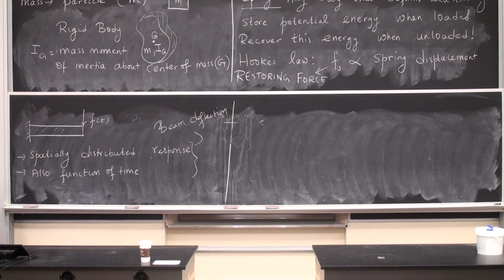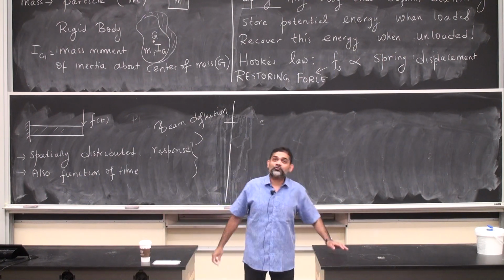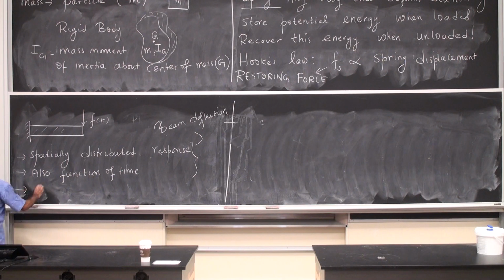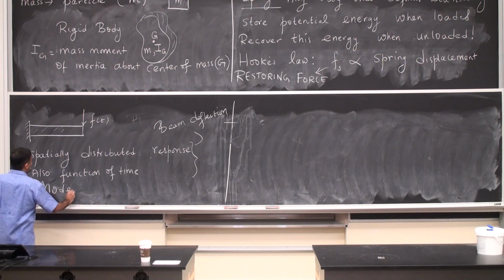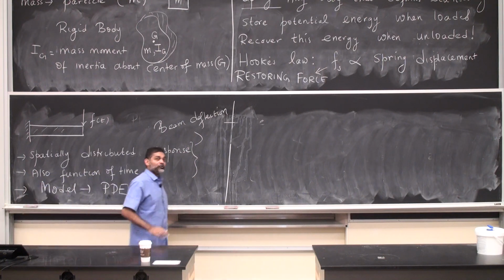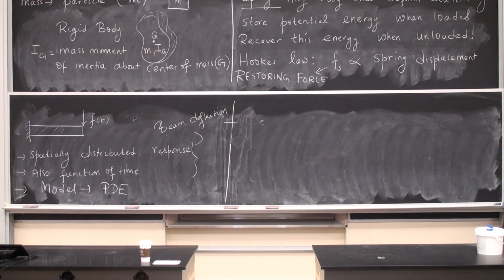And the governing equation that we end up getting, if you apply the principles of mechanics, is a fourth order PDE. Okay, so you end up getting a partial differential equation. So the model is a PDE, which we will not learn techniques on how to solve. Of course, you can solve PDEs, no big deal. But that's not my business here.